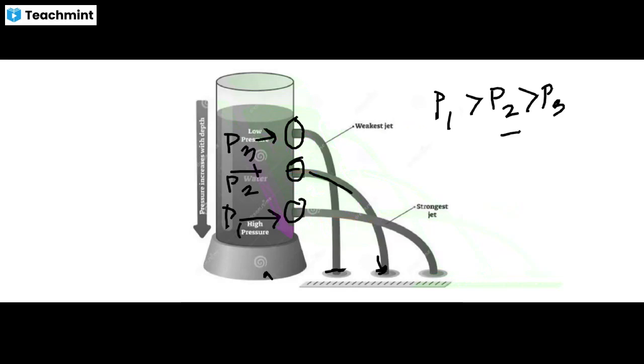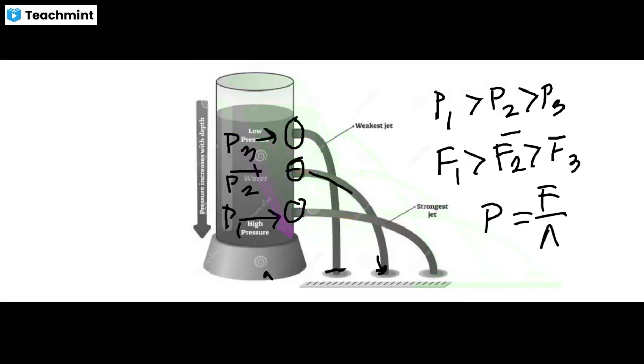As depth increases, the thrust also increases, and as pressure is equal to thrust per unit area, and area is the same for all these cases, as thrust increases, pressure also increases. So from the bottommost hole, the water reaches the maximum distance.